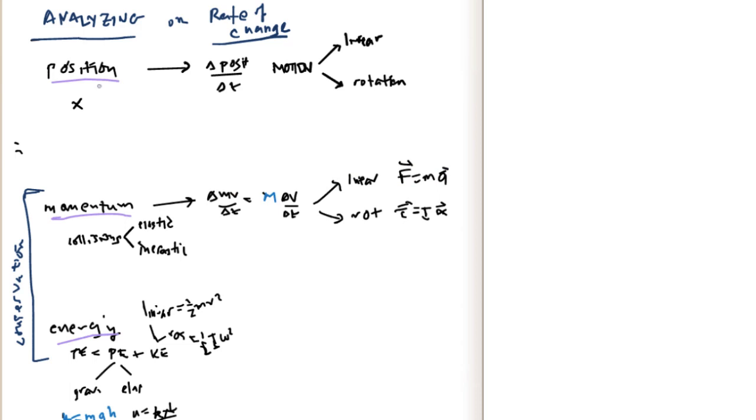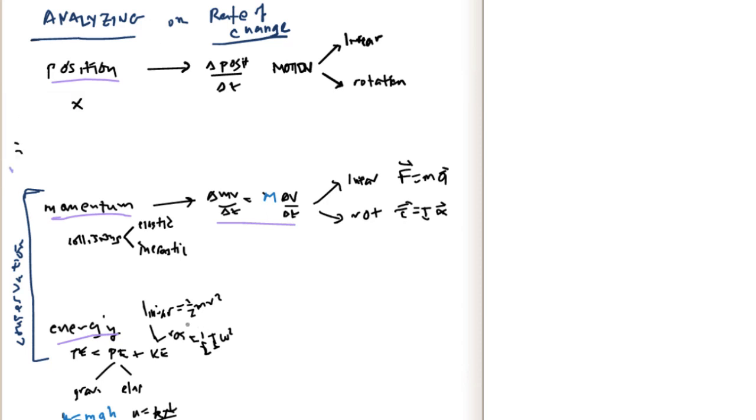So we're looking at analyzing three things: position, or these quantities, momentum and energy, which are conserved, and then the rate of change of those. The rate of change of momentum is simply these force relationships, and the rate of change of energy is simply power relationships.